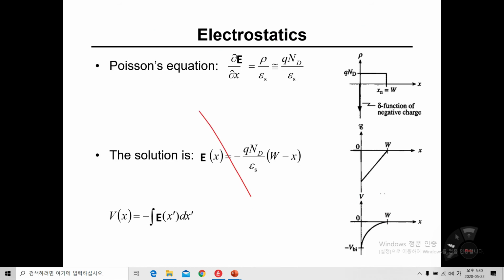All right, now let's move on to the next slide, and we're going to do the electrostatics analysis. I said we're going to begin the analysis of electrostatics. So what is electrostatics? Think about it. What is it?